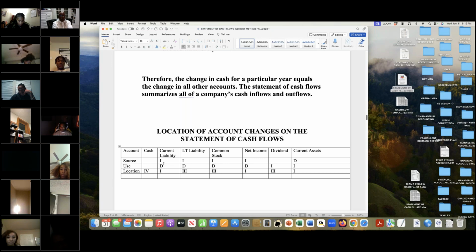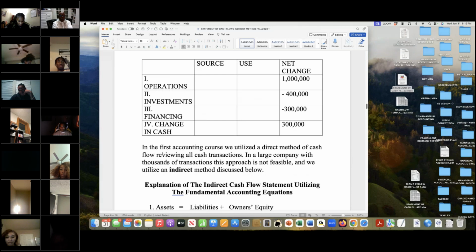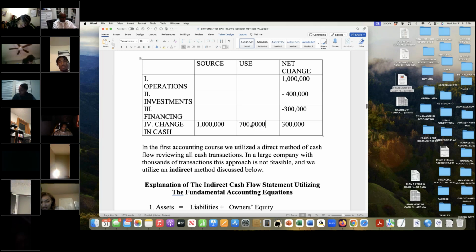So when we look at that statement, what it is reflecting is that we probably had sources of cash of say $1 million, and then we spent 700,000. Our change in cash is 300,000.